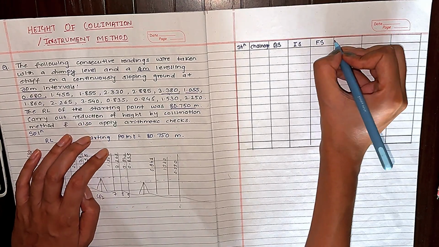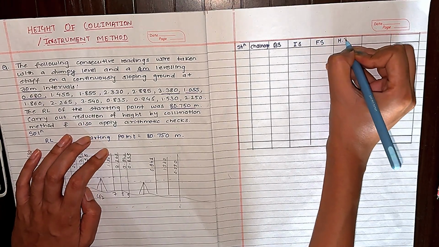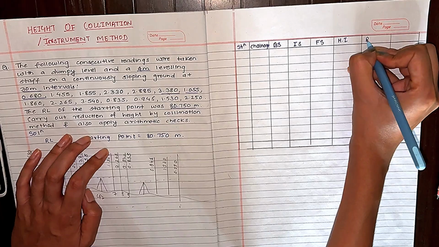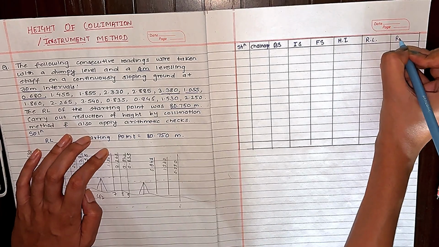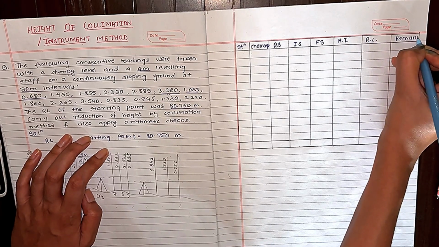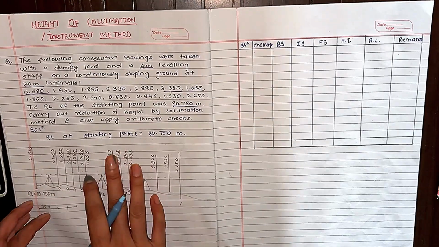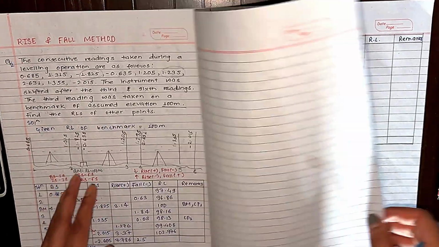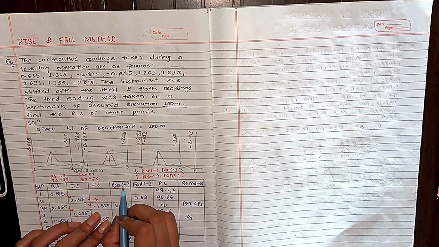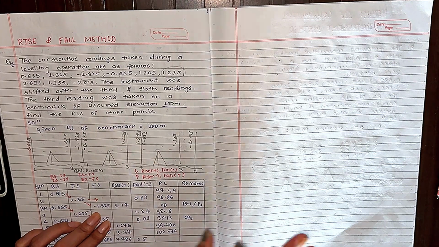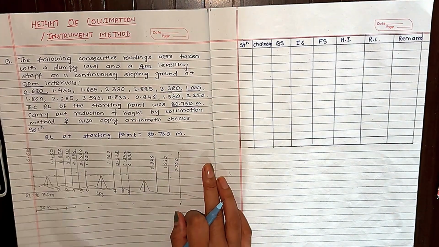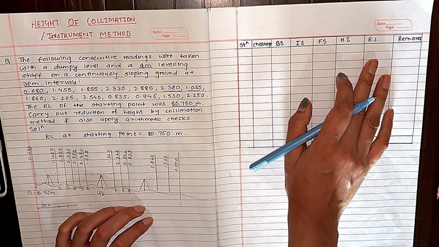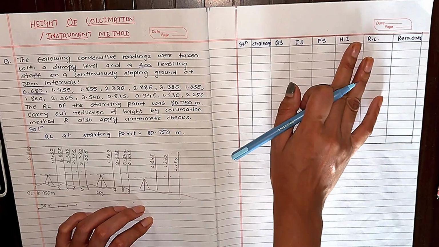For the height of collimation method, we have here a column for height of instrument, then the RLs, reduced levels, and last is for remarks. So in rise and fall method, we have columns for rise and fall, but the only difference in height of collimation method is that we don't use rise and fall, we use here a height of instrument.